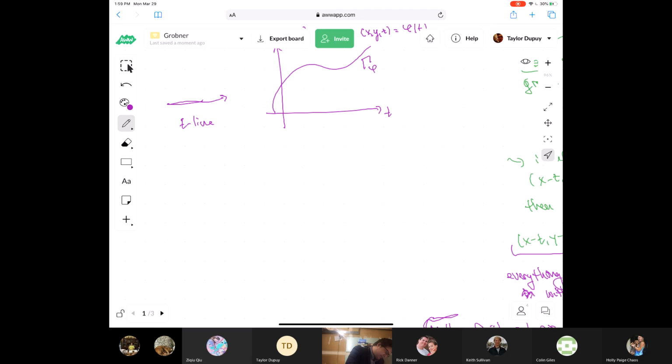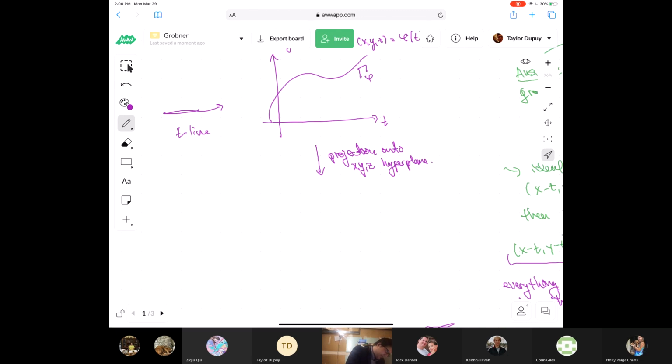And then you can project down onto the x, y, z hyperplane, or t equal to 0. And you'll get something here, and something here.